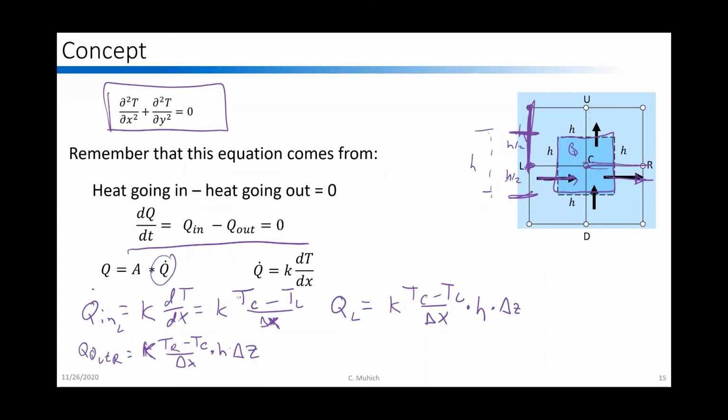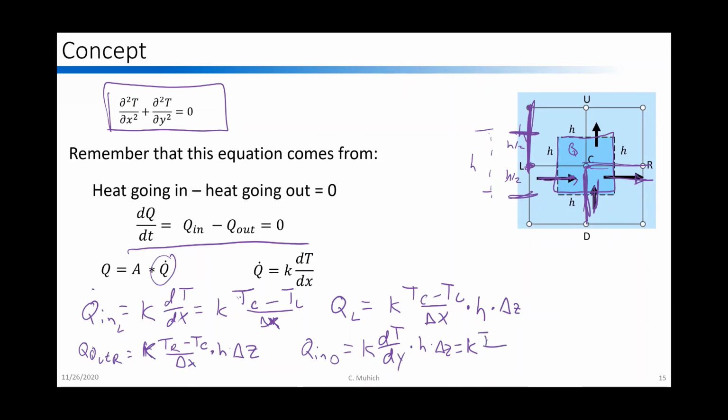And then we can look in the other two directions. So in the vertical direction, Q in, maybe it's coming from the bottom, from down, is going to be K dT dy times H times delta Z. So now if I'm coming in from the bottom, I need to look between these two pieces.